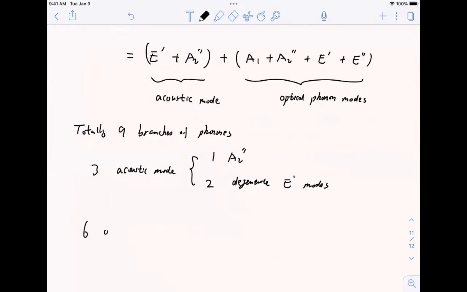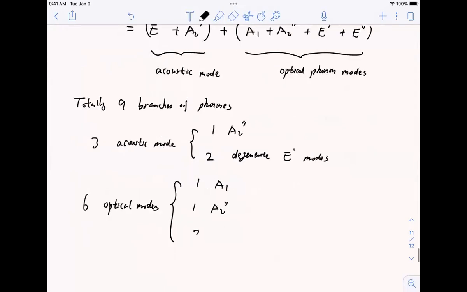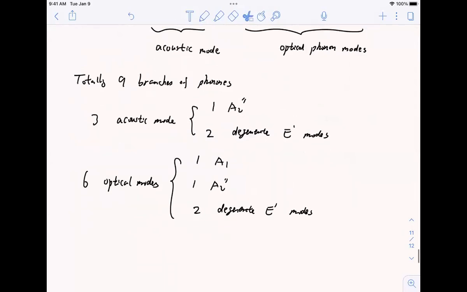You have 1 A1, 1 A2, and then you have 2, these are degenerate, the same. E double prime. Okay. So these are the phonons in MoS2.